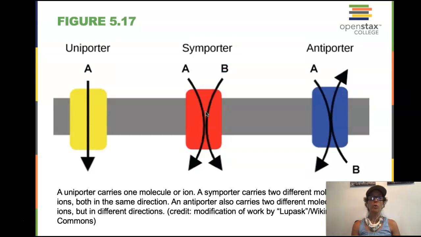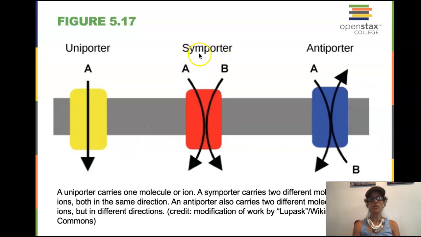We can transport more than one thing at a time. Many transport proteins are designed to transport one thing in one direction. That is called uniport. So we're moving one thing. And whether it's one thing from outside to in or a different transporter that would be moving one thing from inside to out, still a uniporter.